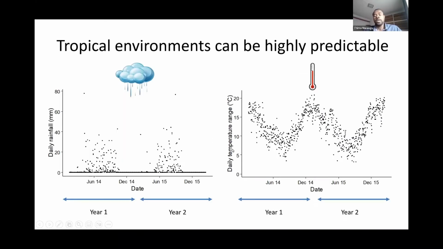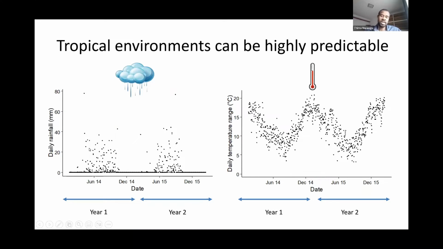Okay, fine. If you look at seasonality in a quantitative way, this is 2 years of rainfall data from Jos, central Nigeria.